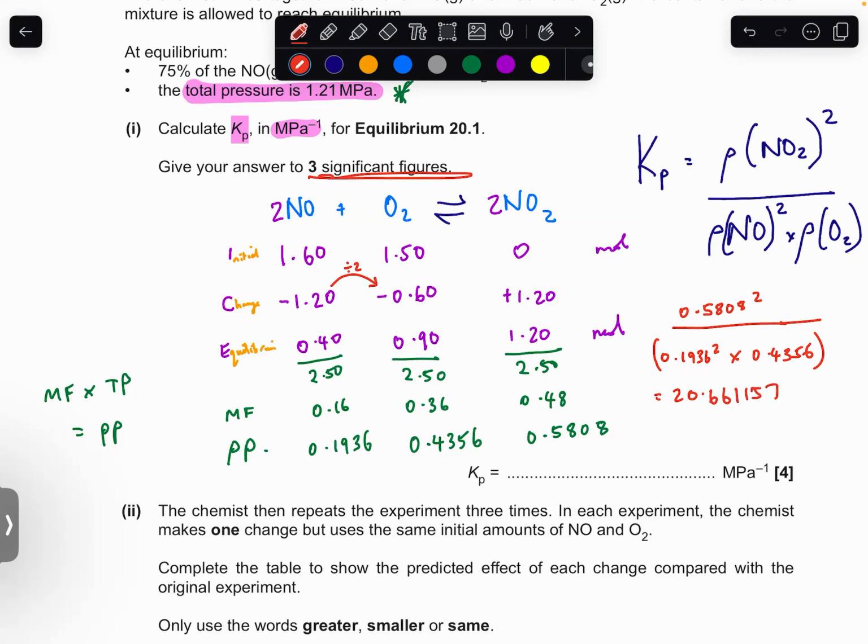Three sig figs will be 20.7. Yep, if you look at the mark scheme, it says if answer is 20.7, award all 4 marks. Moving on.